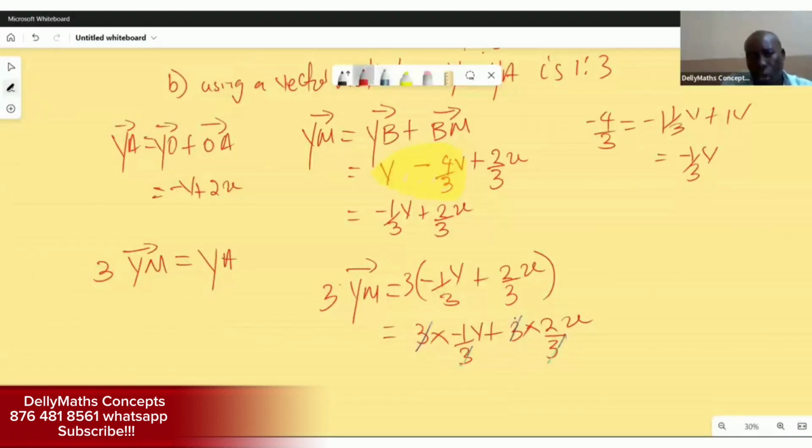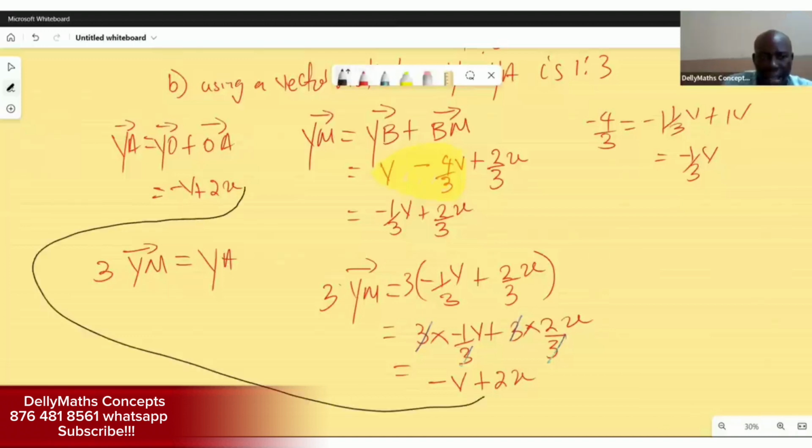So those cancel. What am I left with? I'm left with a negative V and a positive 2U. This is my proof, because this is exactly that. Hence, we have proven that. All right? We have proven it. Well, that's the end of the paper.